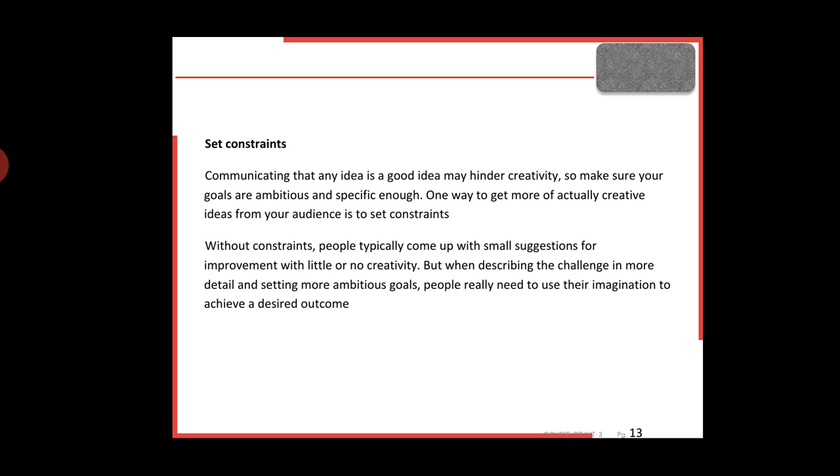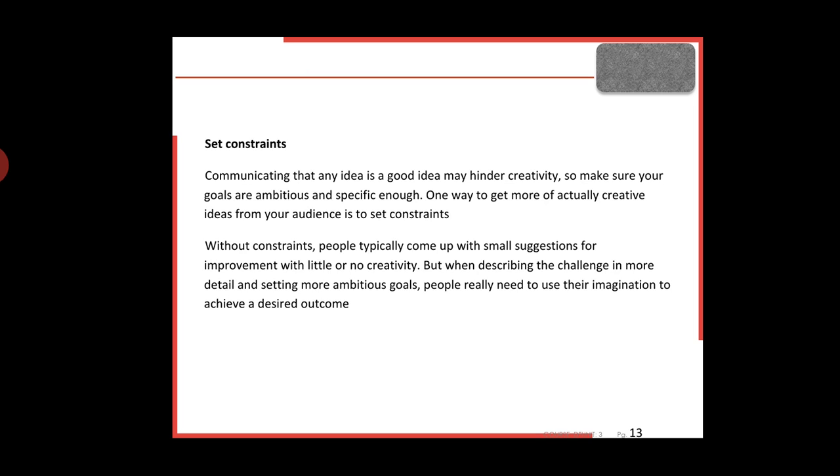Without constraints, people typically come up with small suggestions for improvement. Okay, it's a very key point, a very important point. Without constraints, people typically come up with small suggestions for improvement or enhancement, with little or no creativity.